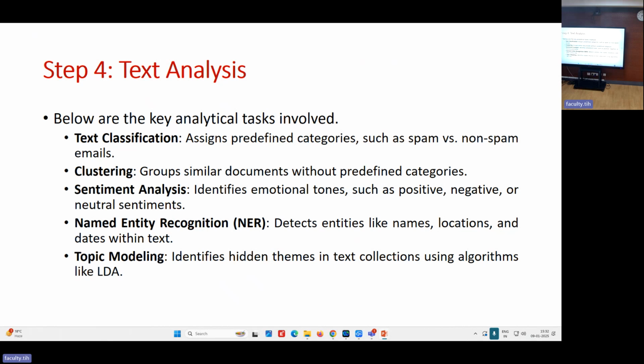Next is another technique you can follow, named entity recognition. Named entity recognition is used to identify the proper nouns in your textual data, right? Sometimes you would like to find the thematic keywords in your text data.